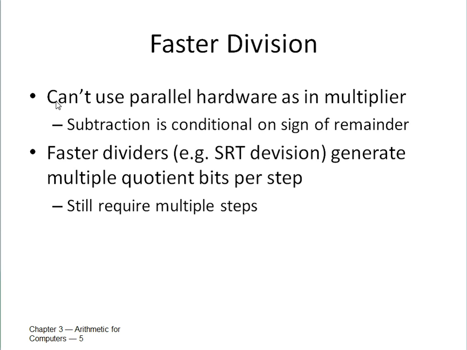If I want to go faster, we have to note you can't use standard parallel hardware as we did inside the multiplier because subtraction is conditional on the sign of the remainder. So it's not quite as easy to do division as it is to do multiplication. And there are a lot of other approaches. The book mentions SRT, which is really fast.